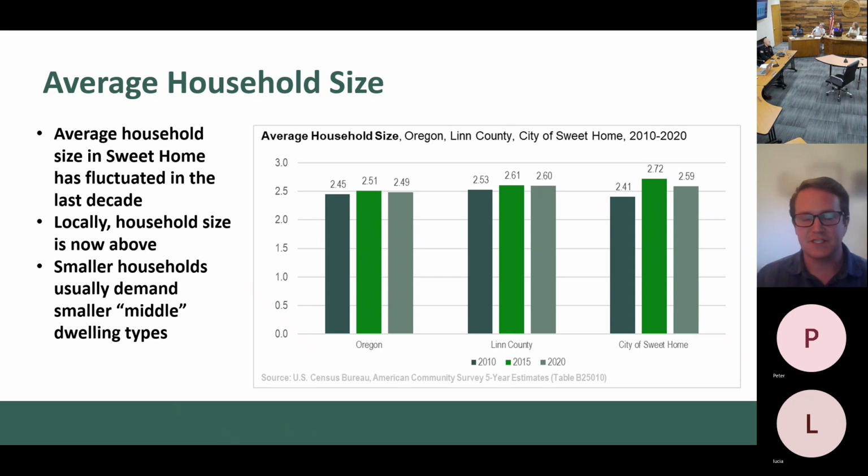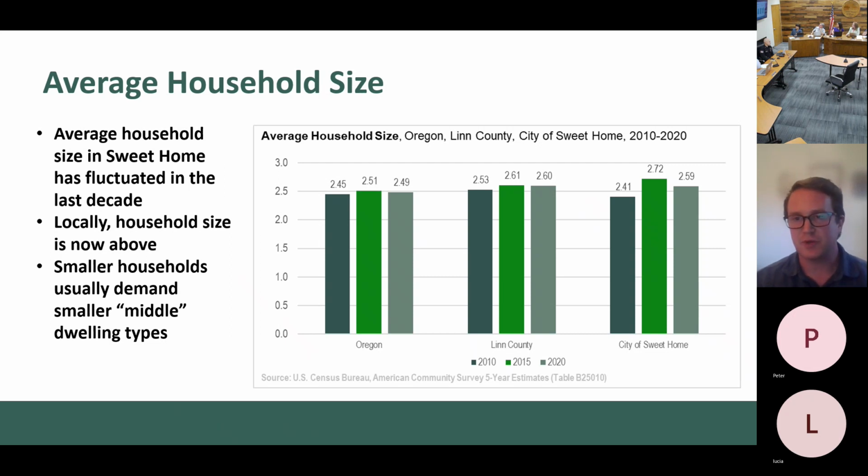A major component of this calculation is average household size, because that helps us determine, among that 1,571 net new people, what is that breakdown going to be in terms of how many new households we need to accommodate that population growth. So you can see here over there on the right, that's Sweet Home's average household size over the last 10 years.